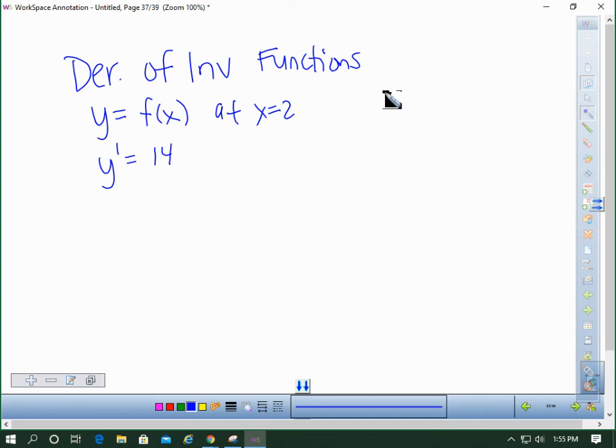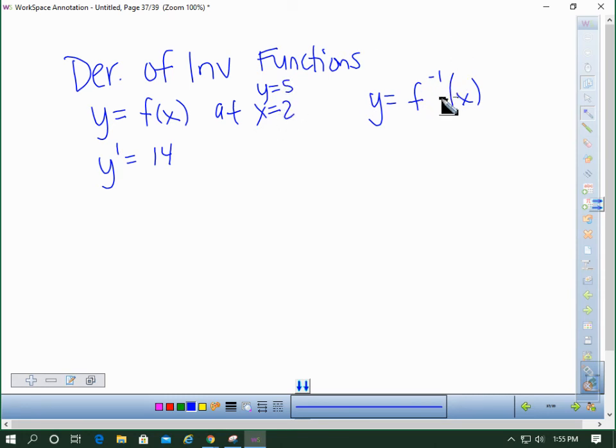Now what if I wanted to do another function, which is the inverse of this one over here? Let's say I wanted to do the inverse function and its derivative at, let's see, if this is 2, the y value for 2 on this function is going to be 5.